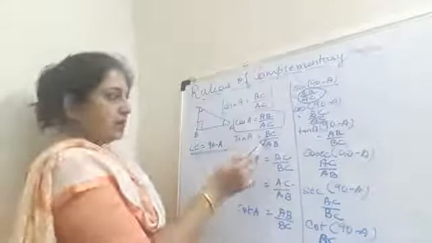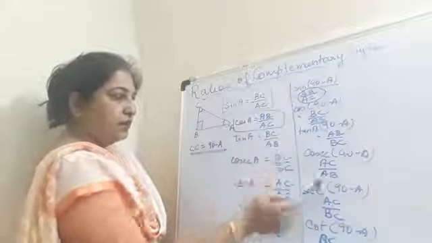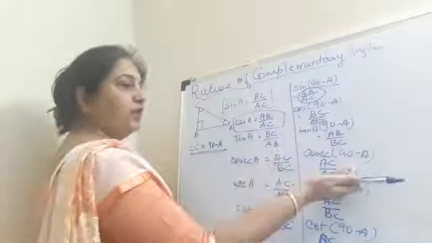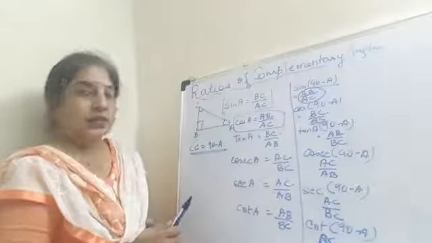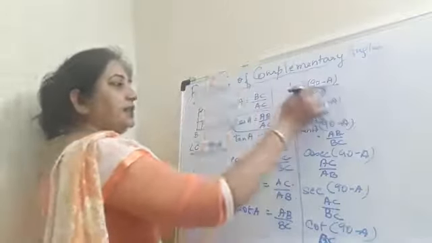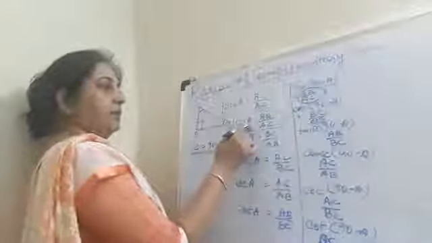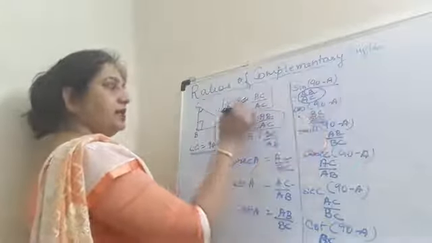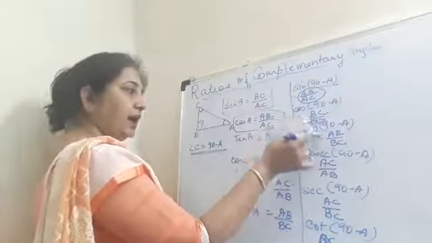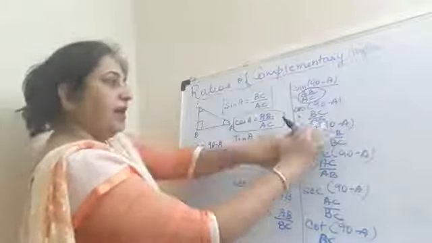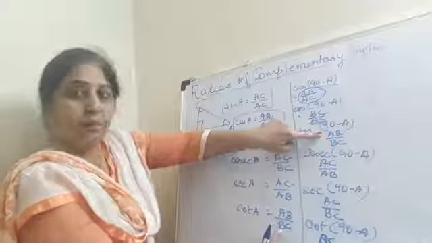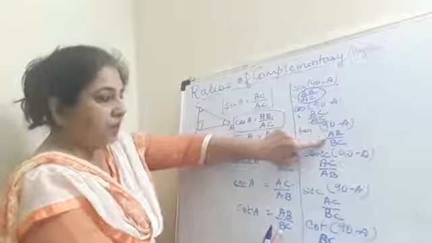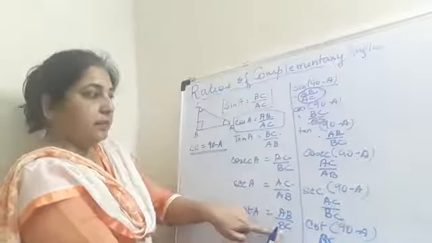So similarly, as we compare these ratios, we will see that one ratio of this side and one ratio of that side are equal. Now how is the relation set up? Sin 90 minus A is cos A, cos 90 minus A is sin A, tan 90 minus A is equal to cot A. So when you compare them, you will come to know this is AB upon BC and this is also AB upon BC, right?